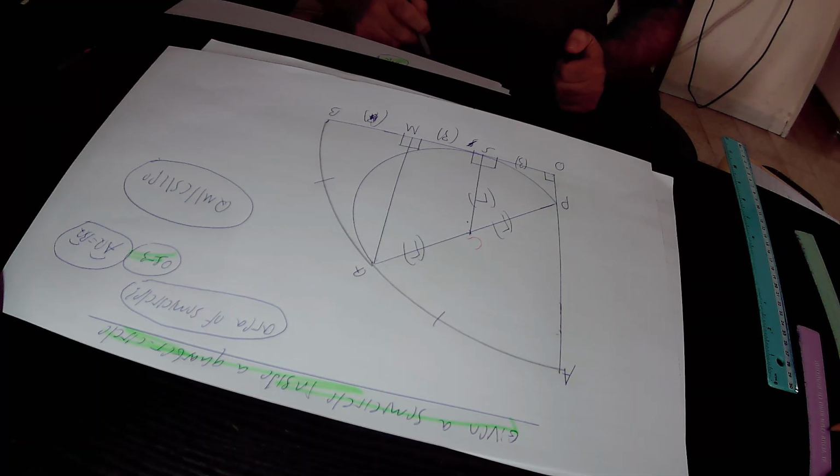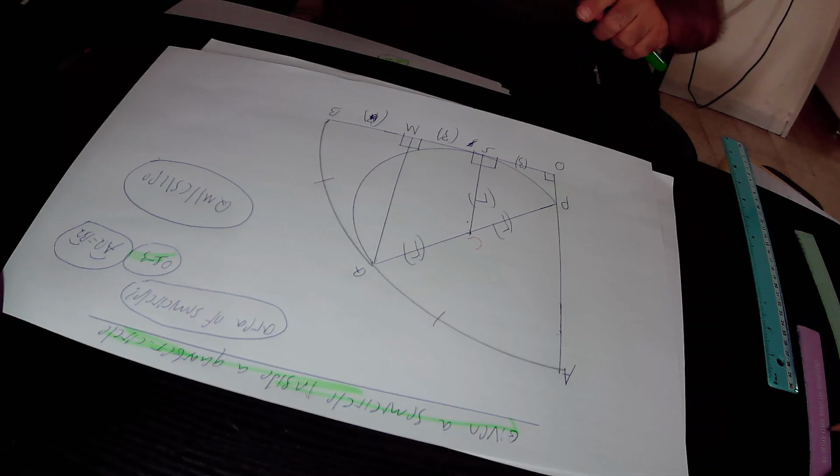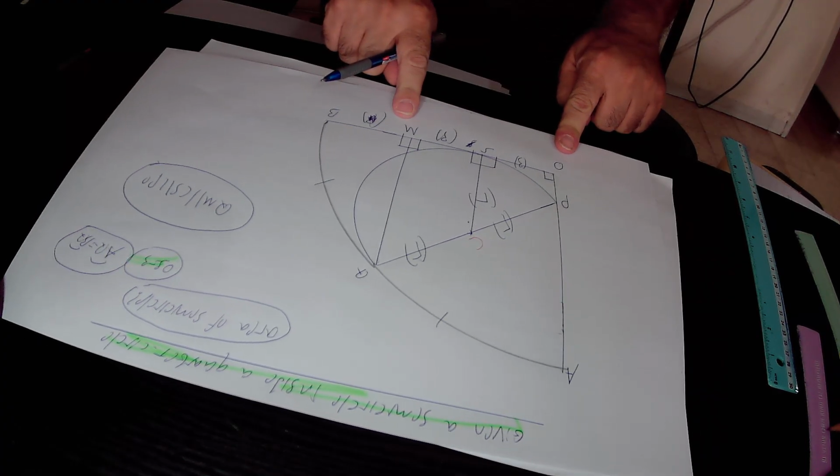So in the next step, OM in total equals 3 plus 3, that is 6.